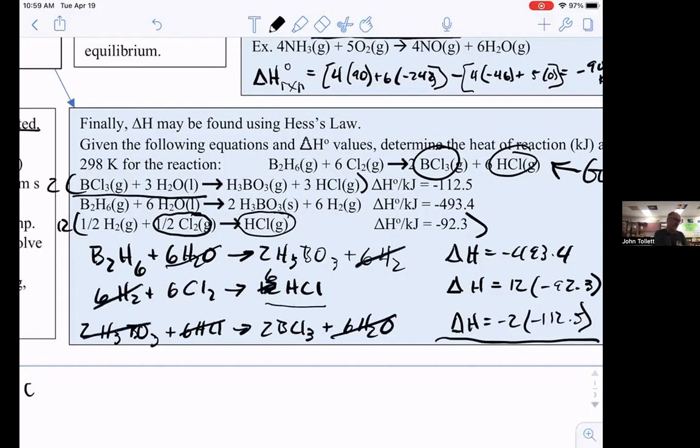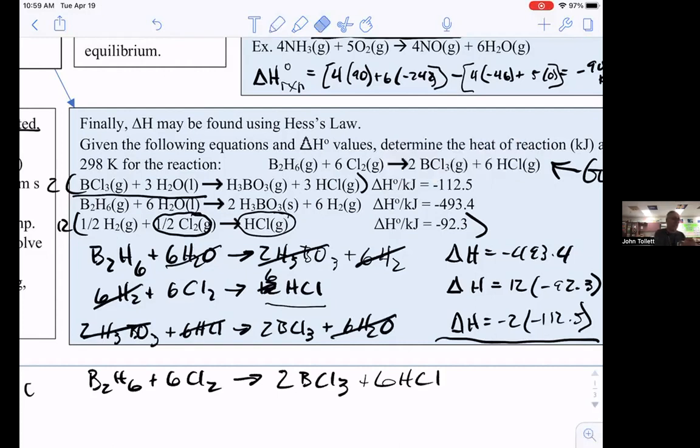This H3BO3 is gone, and I think that's it. So I have B2H6 plus my 6 moles of chlorine, yielding 2 moles of BCl3 and 6 moles of hydrochloric acid. If I check that with my goal equation at the top, do I have the same equation? B2H6, I do.